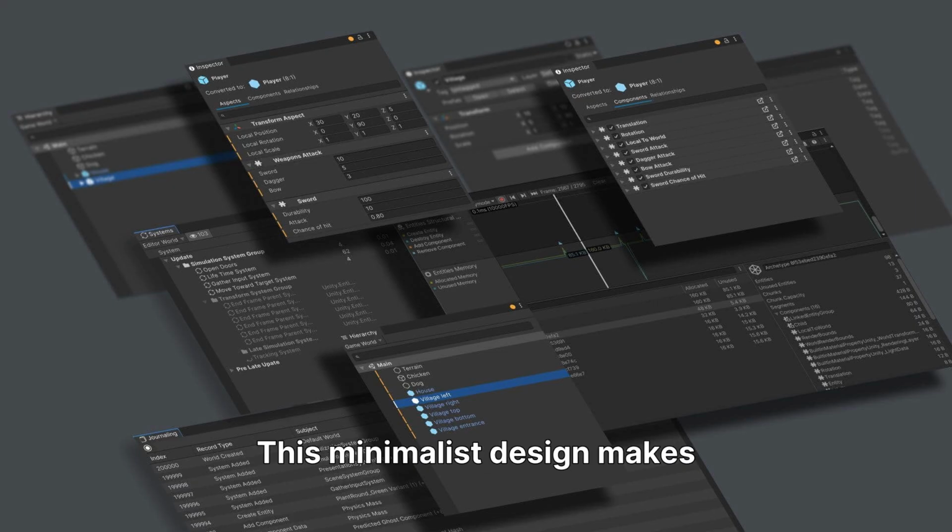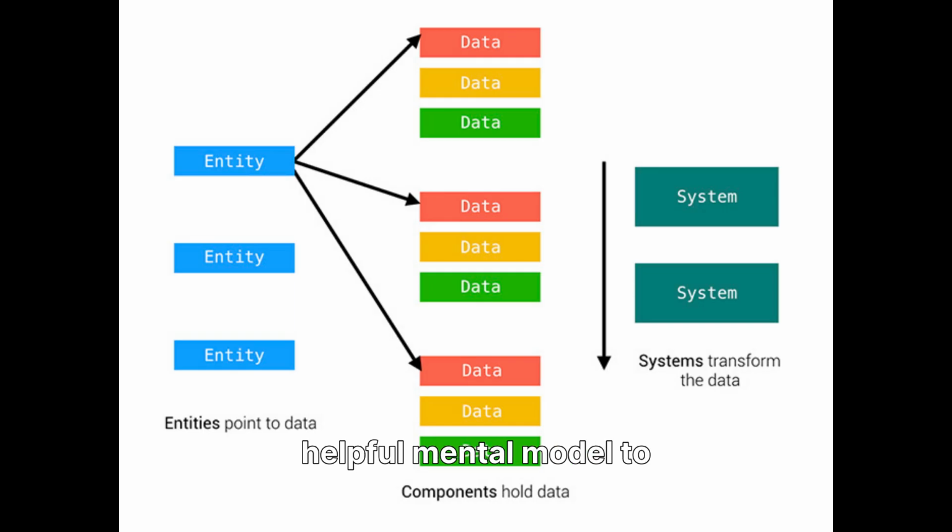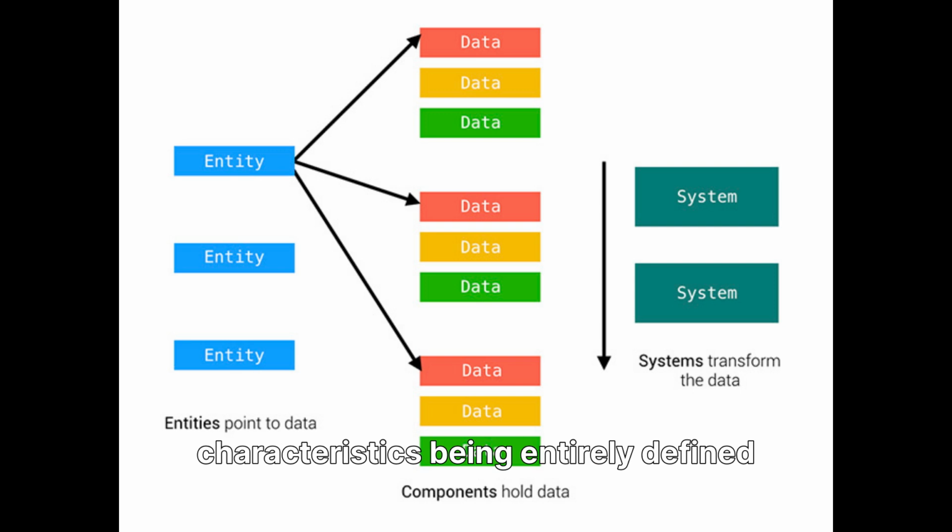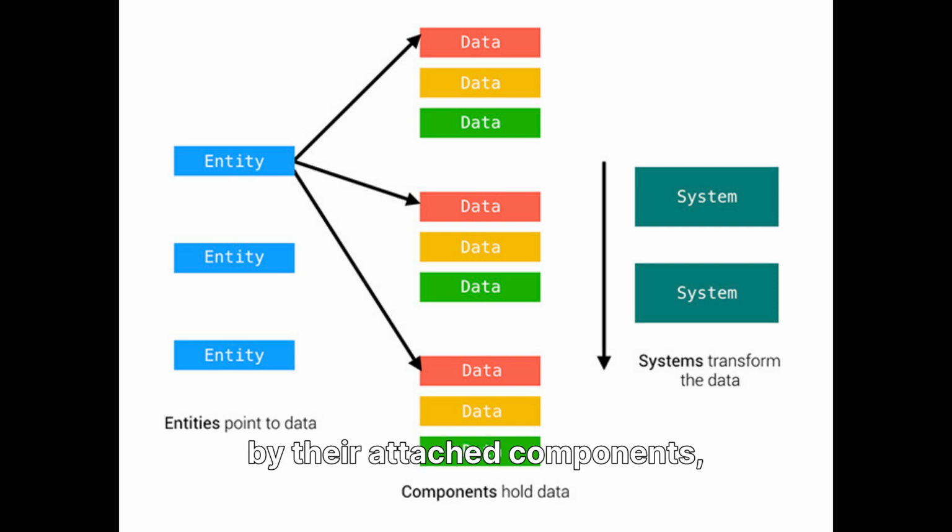This minimalist design makes them incredibly efficient and performant for large-scale simulations. For a beginner, a helpful mental model to adopt is to think of entities simply as unique identifiers or keys for your game objects within the DOTS framework.